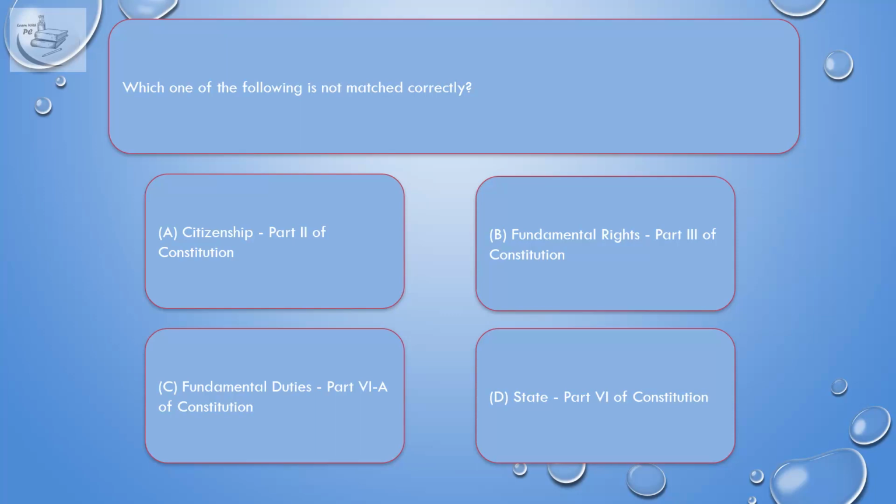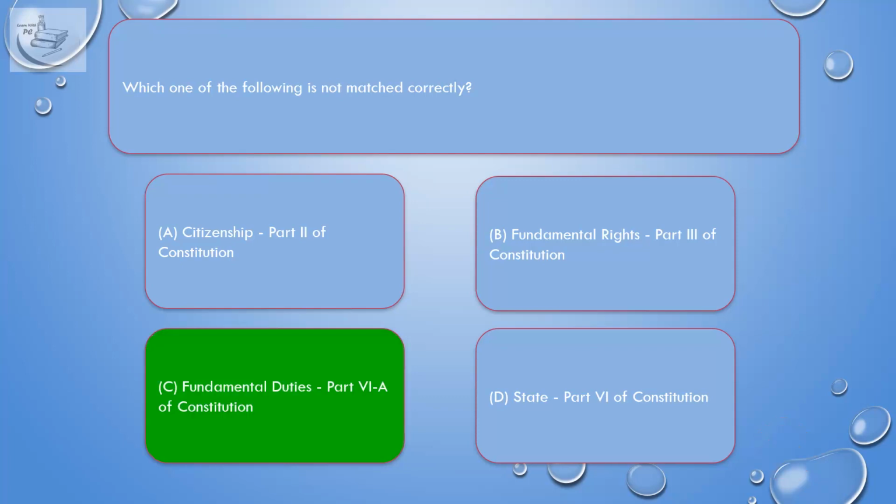A. Citizenship, Part 2 of Constitution. B. Fundamental Rights, Part 3 of Constitution. C. Fundamental Duties, Part 6A of Constitution. D. State, Part 6 of Constitution. Correct answer is C. Fundamental Duties, Part 6A of Constitution.